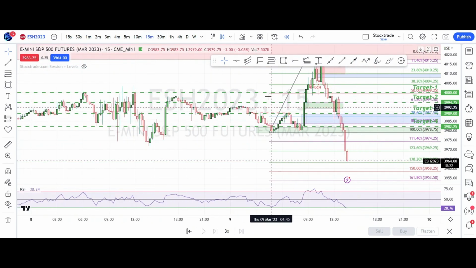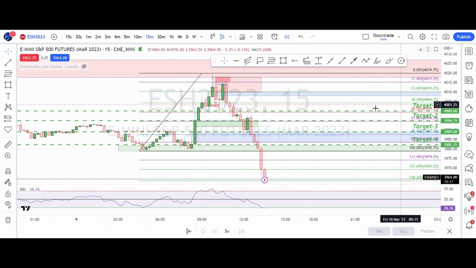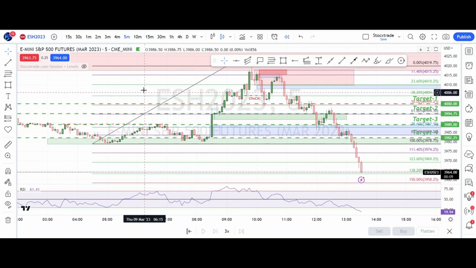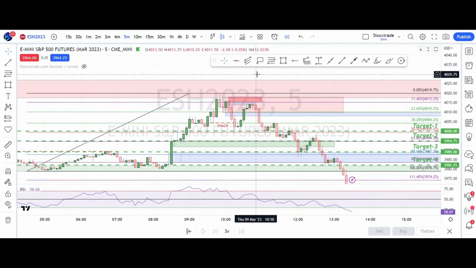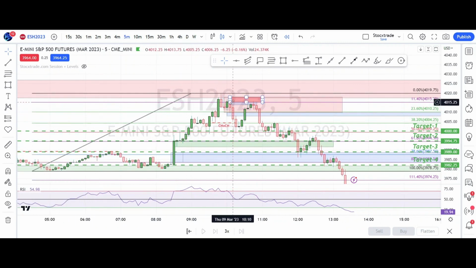Okay, in this way you can trail your stop losses, you can achieve your targets, and for the initial move, you need to look for the rejection from this area, like you need to wait for the sweeping out of the previous higher high or any liquidity area. So just mark the liquidity area before any trade, and after that you can wait for the sweep out of the price. The price has already swept out, this was the high candle.